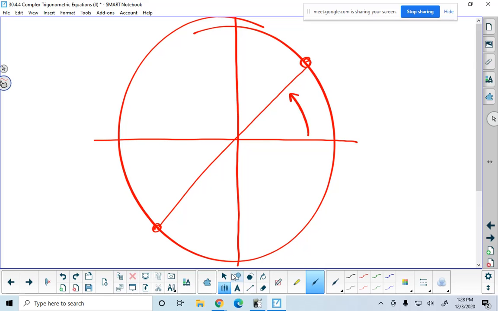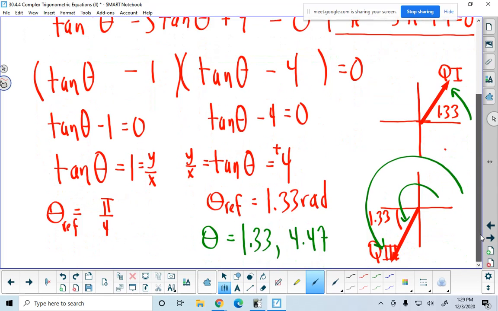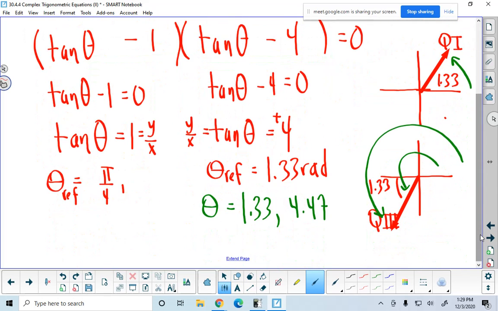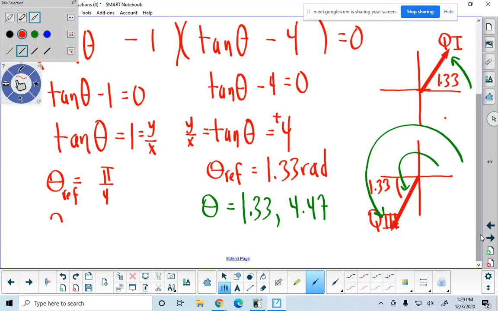So that's pi over 4. And 1, 2, 3, 4, 5 pi over 4. You could certainly do it like we did the first equation and get decimal answers, but you don't need to. You could just say pi over 4 and 5 pi over 4.